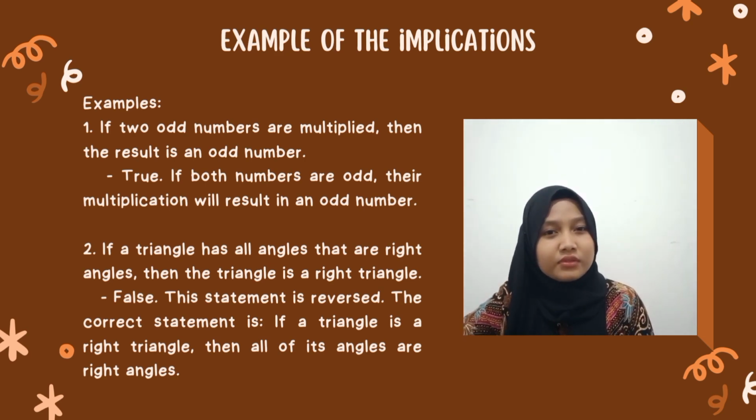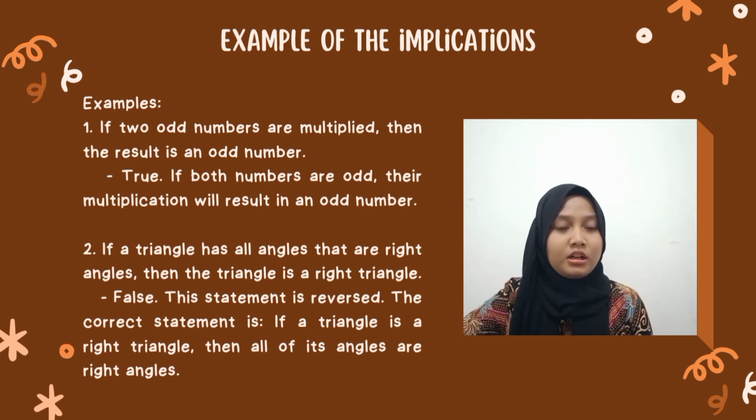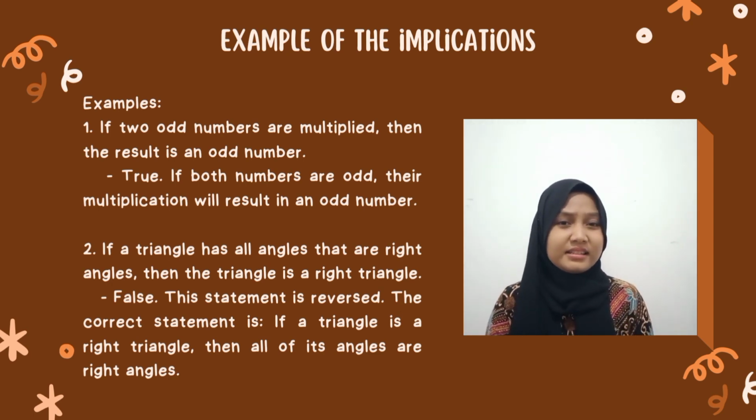Next, if a triangle has all angles that are right angles, then the triangle is a right triangle. False, this statement is reversed. The correct statement is: if a triangle is a right triangle, then all of its angles are right angles.